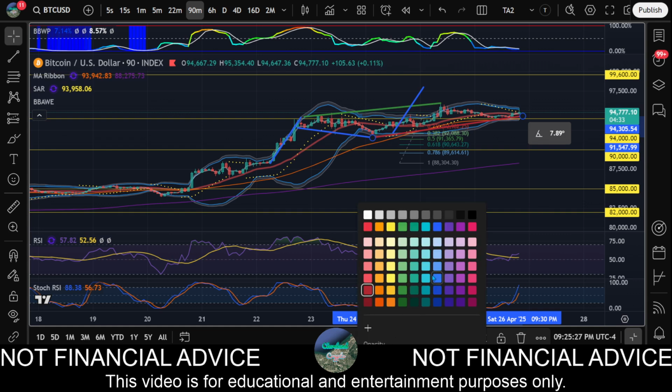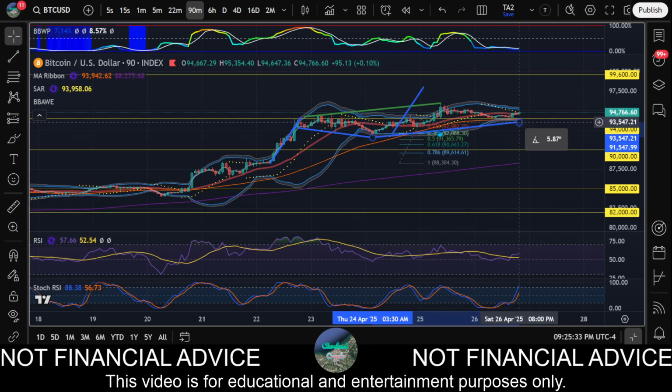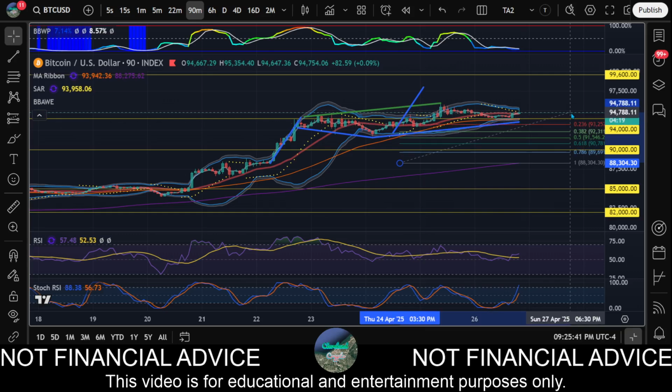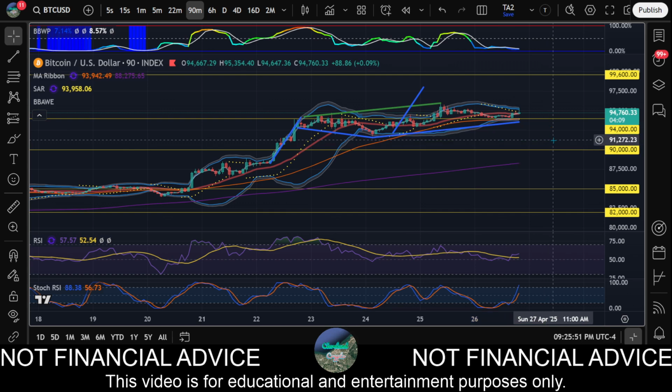Now the support structure on this bull flag is up trending, like so. Move that out. That would be the levels to watch for the bull flag to get invalidated. We'll bring that back if we need it.